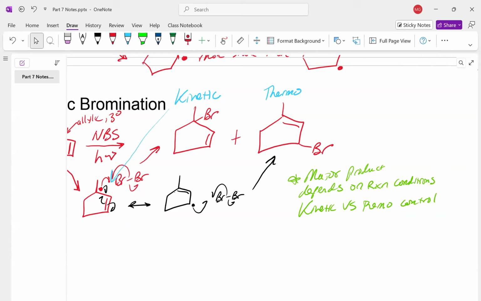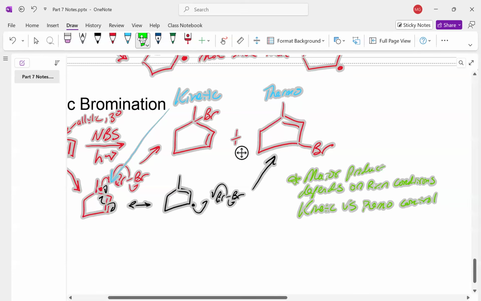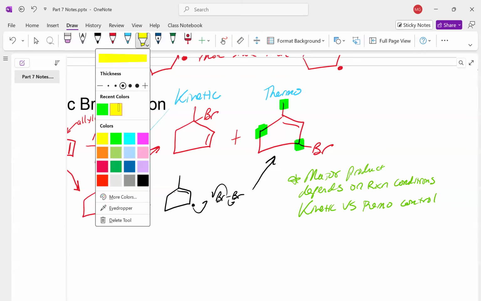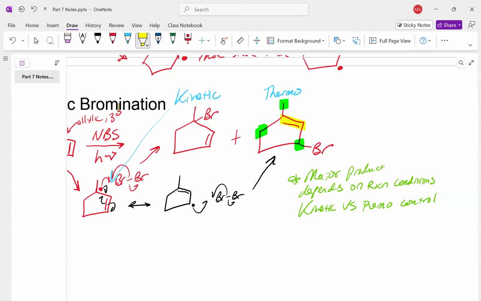We haven't talked much about alkenes, but when we do, one of the things we're going to talk about is how we determine their stability. This alkene here has 1, 2, 3 carbon groups directly attached to this double bond. We say that alkene is more substituted.